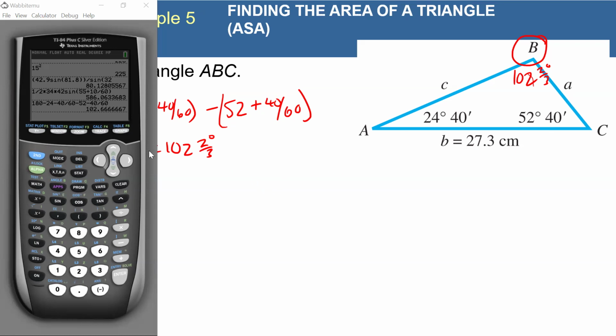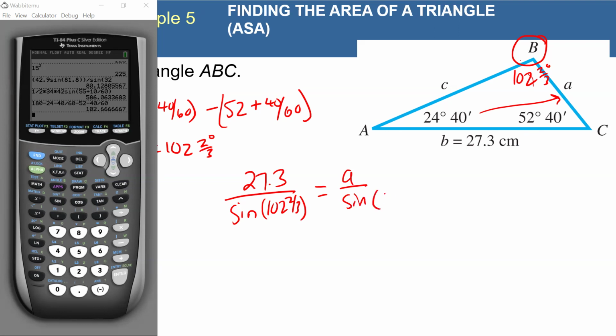All right, so now we can set up our proportion using B in its side. So using B over sine of B, that gives us 27.3 over sine of 102 and 2/3 equals, and I'm going to find A. So A over sine of 24 and what's 40?